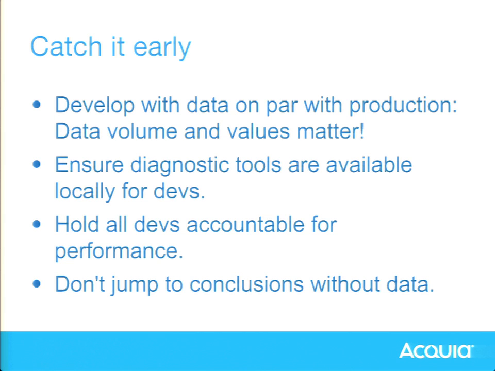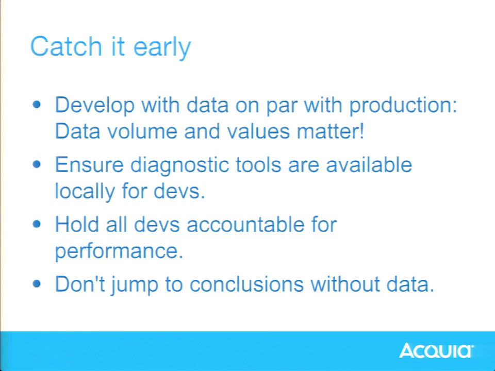And I skipped the first one because the first item and the last item kind of go hand in hand. Don't try and measure performance without good data. You can get data, but good data matters.